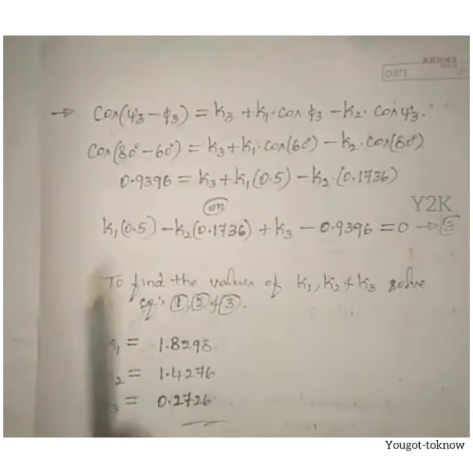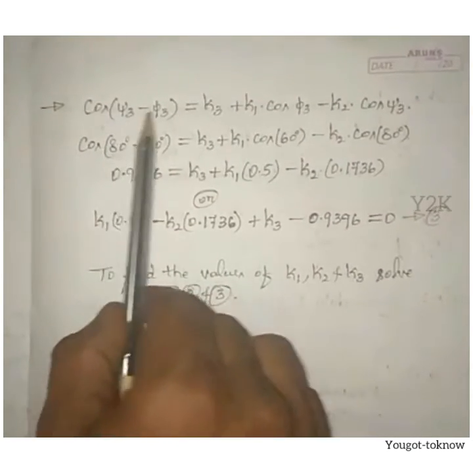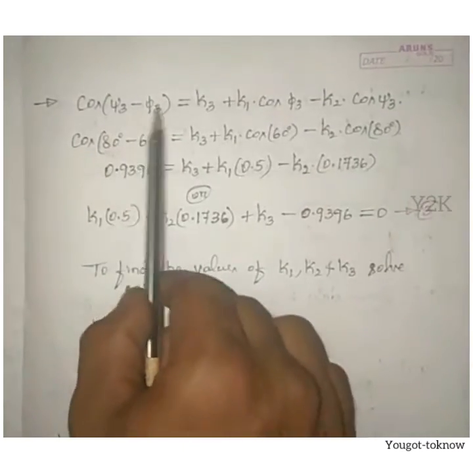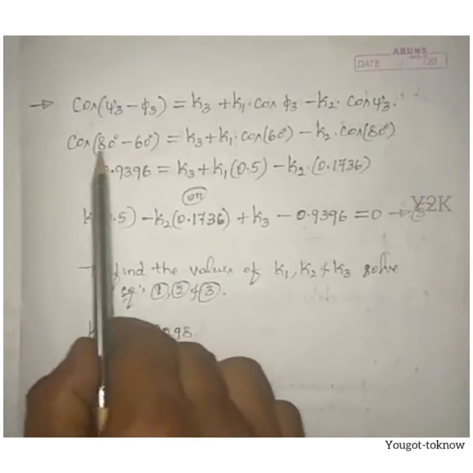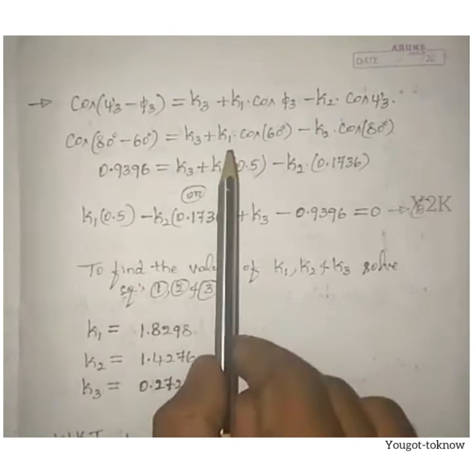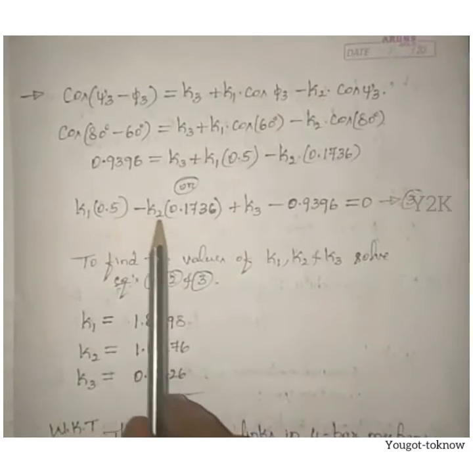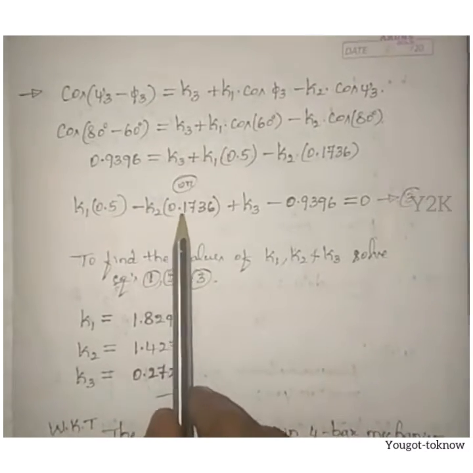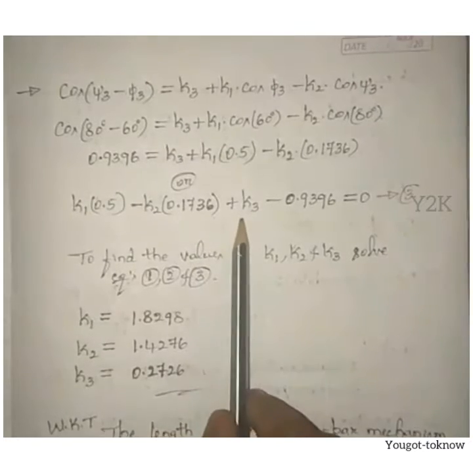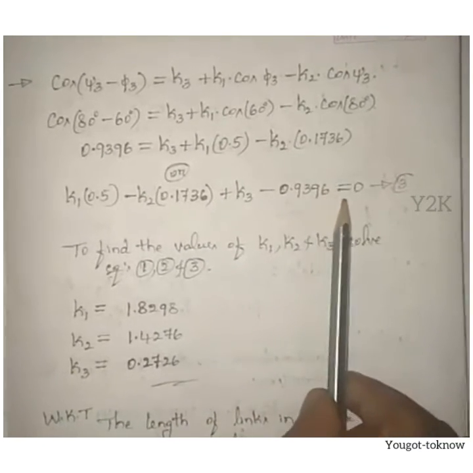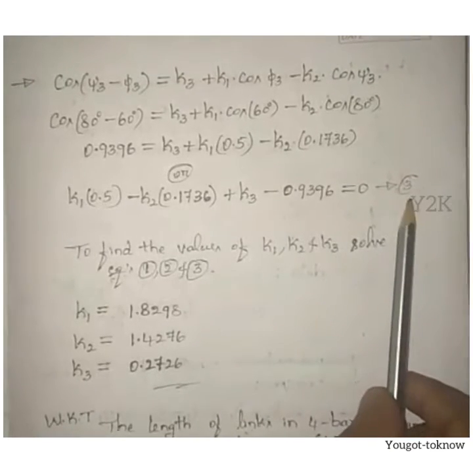Similarly, with respect to Xi3 and Phi3, where Xi3 is 80 degrees and Phi3 is 60 degrees, substituting and solving, we get K1 into 0.5 minus K2 into 0.1736 plus K3 minus 0.9396 equals 0. Call it equation number 3.